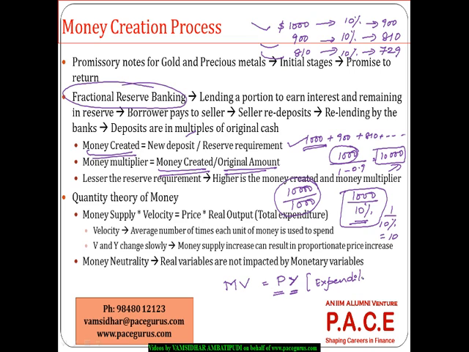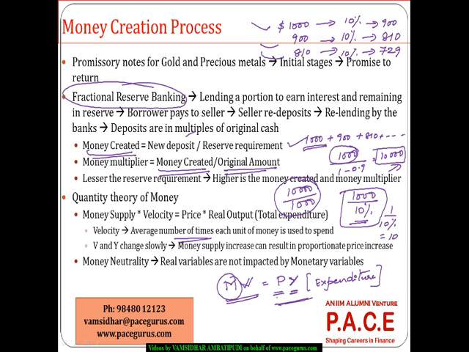Right, in a particular period, this is the total expenditure, because we are talking of the price multiplied by the total real output, giving me the total expenditure of the country. And what this quantity theory of money says is this total expenditure of the country is equal to money supply, whatever money is available in the country, multiplied by the velocity. Velocity is the typical number of times each unit of money is used for spending purposes.